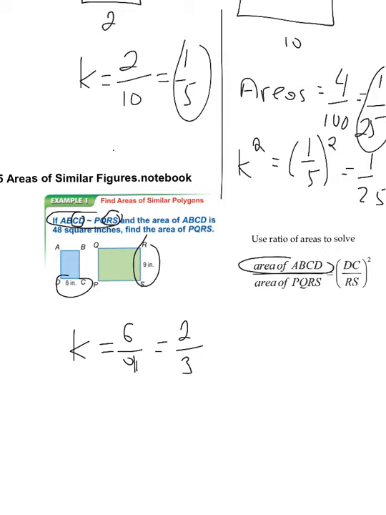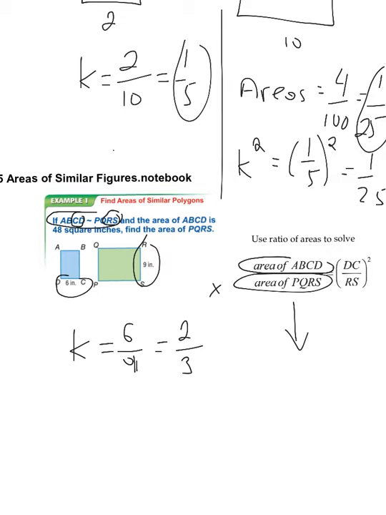So if I go with area of ABCD over area of PQRS, this will be my X, equals DC, which is 6 over 9, and if you simplify it is this. So let's just set this up so you can follow me.